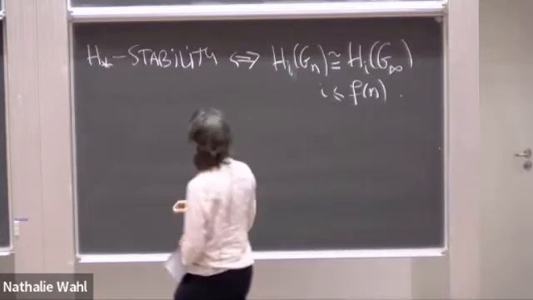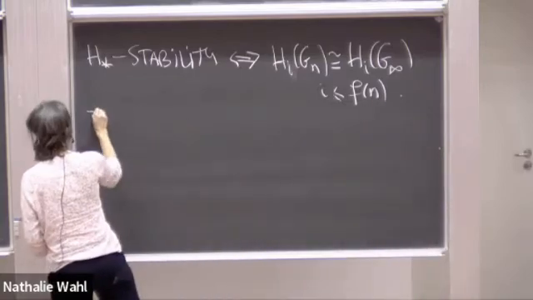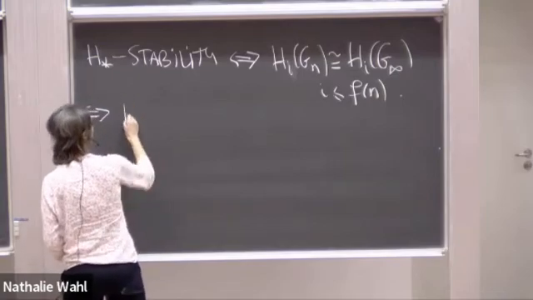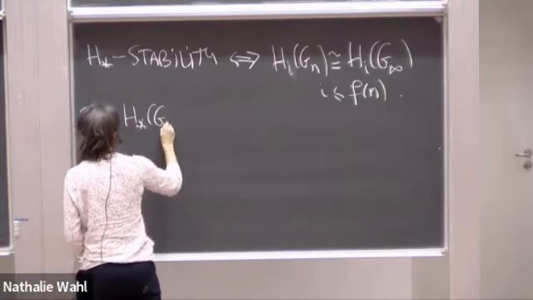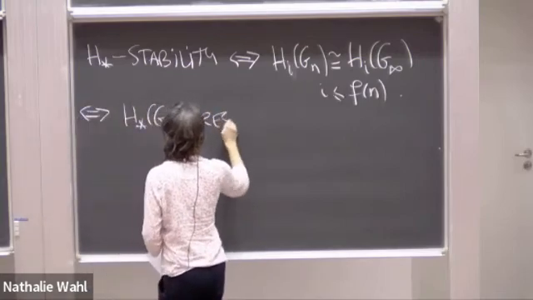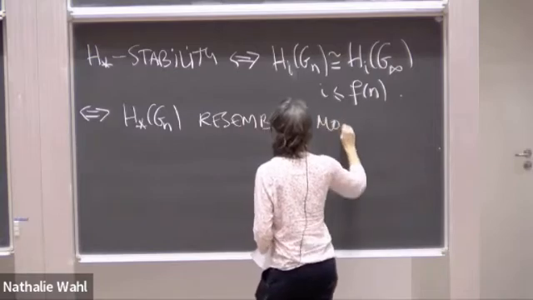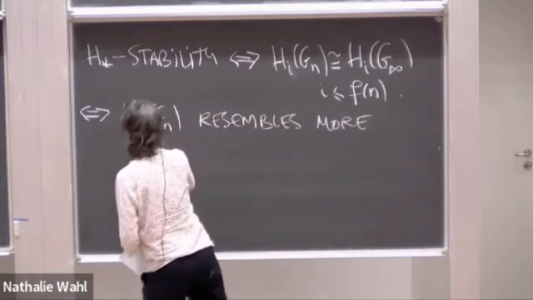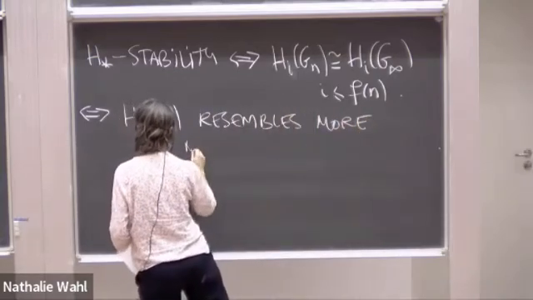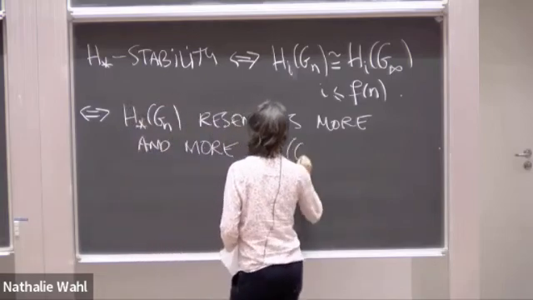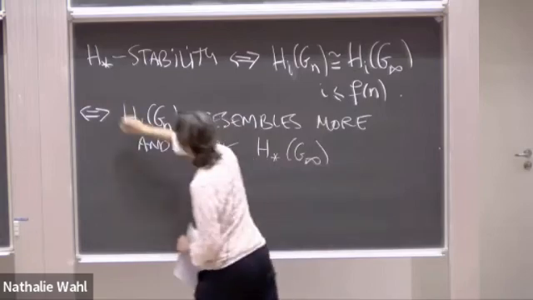What I would like you to have in mind when I say homological stability is that this is the same as saying that the homology of Gn resembles more and more the homology of G infinity.